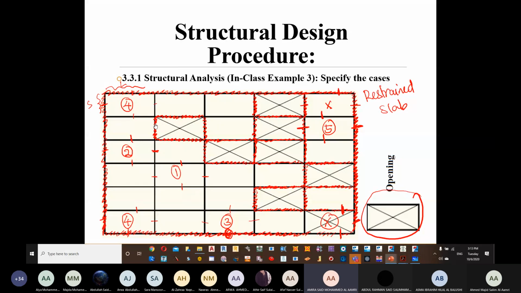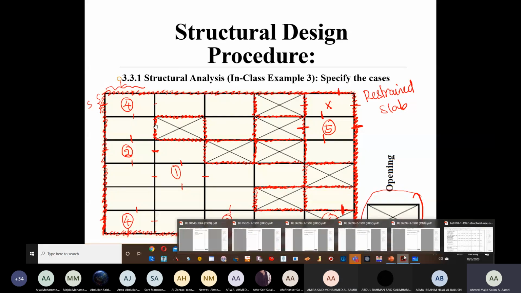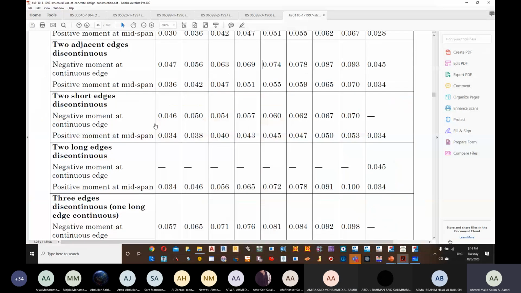For example, slab number 4, we have two ways: one is to adjust continuous or to adjust not continuous edge. Which one should we take? You should refer to the code. The title says two adjacent edges discontinuous.